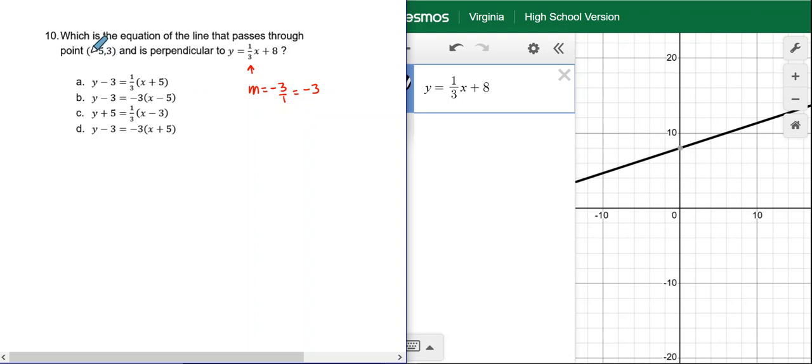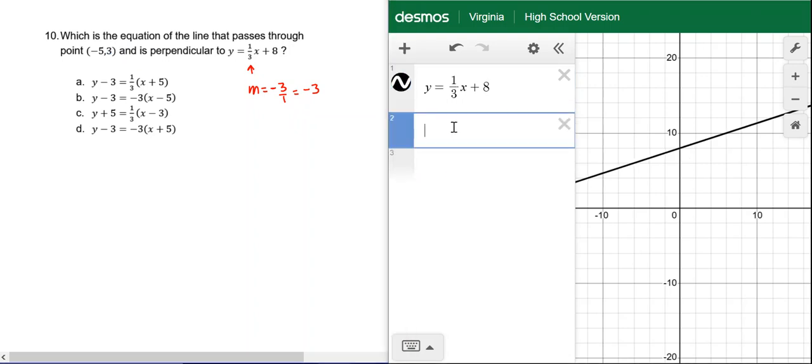And it has to pass through this point, negative 5, 3. So let me put that here. Actually, we're almost done because it's in point slope form, so we can just plug those numbers in. So it has to go through here. All right, so we have the slope, which is negative 3, so between B and C, and then we have this point.